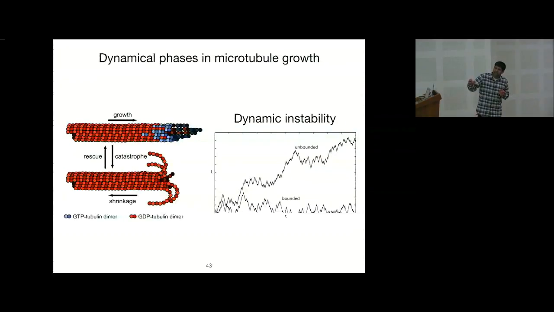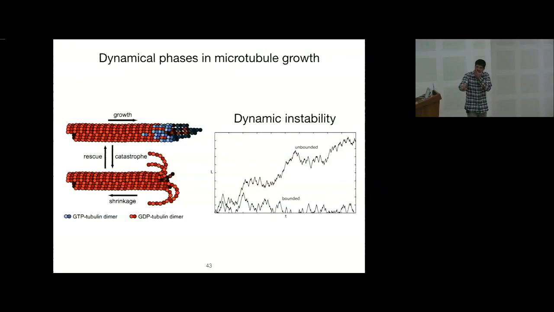Very generically, the dynamical behavior of microtubules can be captured by the schematic over here. This microtubule, it turns out, has two kinds of monomers. It has a monomer which is bound to GTP, and there's another kind of monomer which is bound to GDP. So these are two different nucleotides.